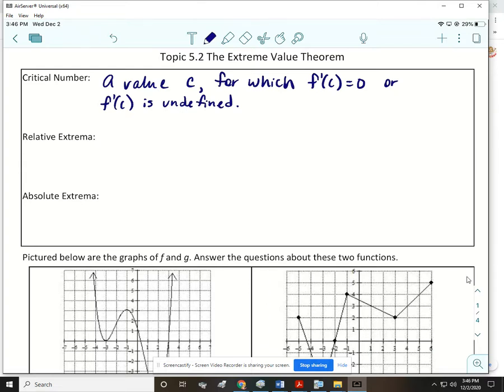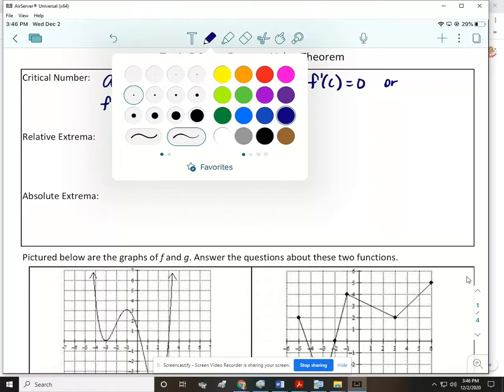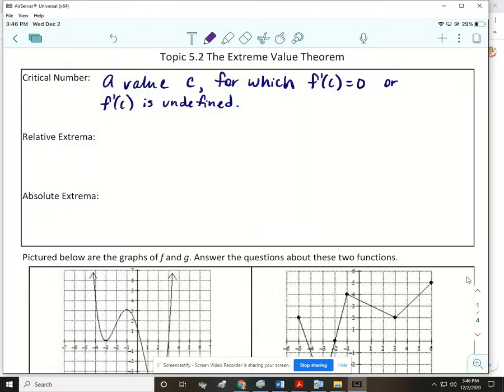Okay. Relative extrema is what we're going to talk about, and then absolute extrema. So we're talking about maximum and minimum values here. So the relative extrema are the maximum values that are higher than the ones relative to it or close to it.